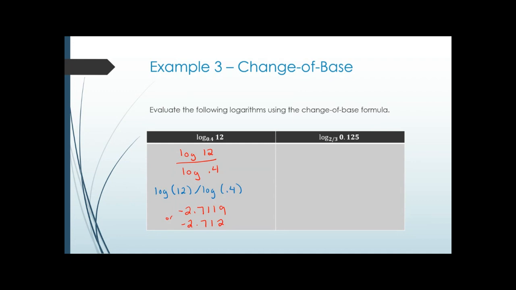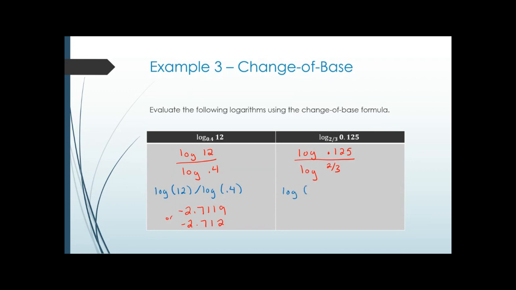Second one here, I have log base 2/3 of 0.125. So that's going to be the log of 0.125 divided by the log of 2/3. When you enter this on your calculator, you want to be very careful about your parentheses, especially depending on your calculator.